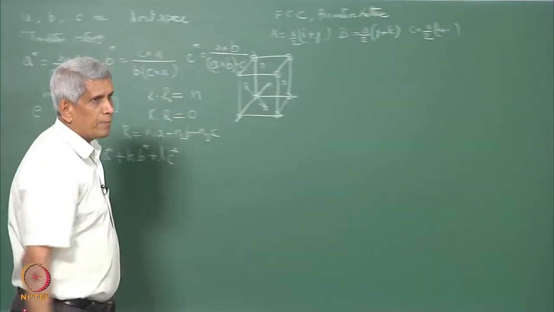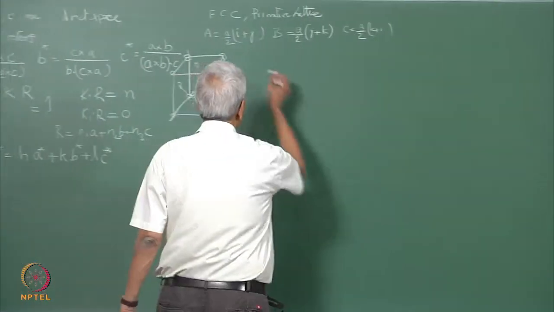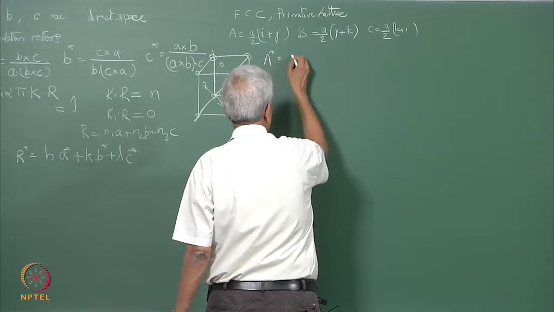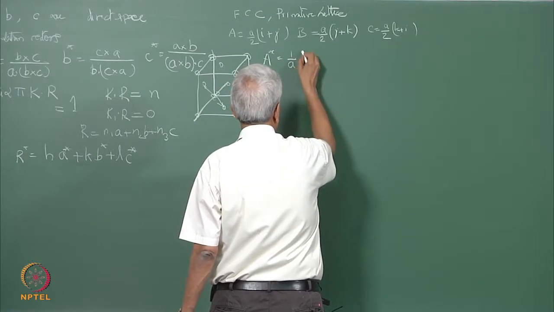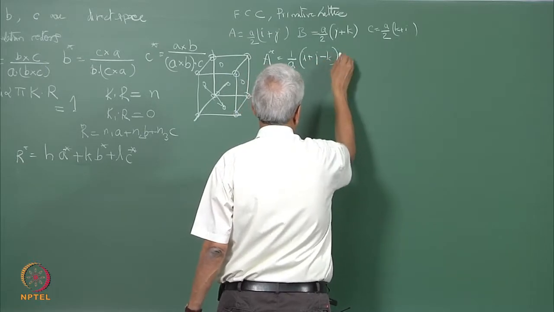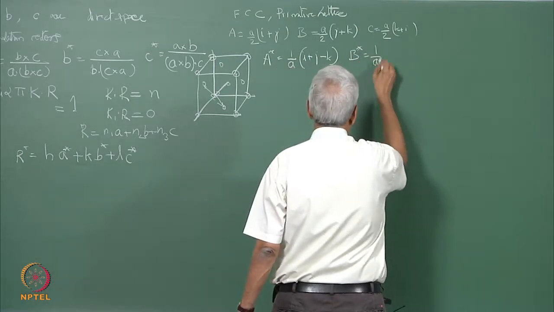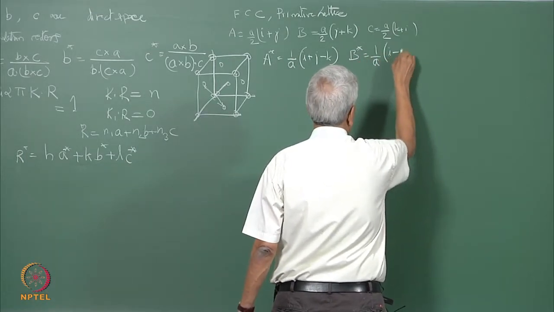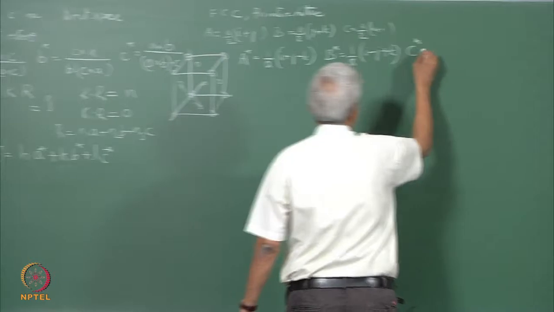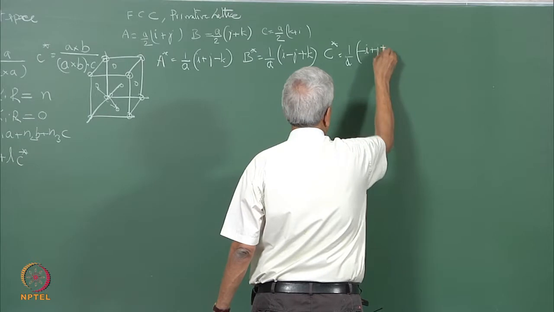When you use this formula and try to find these vectors, this will turn out to be, I am just writing it, but you have to cross check it, 1 by a into i plus j minus k, and c star will be 1 by a into minus i plus j plus k.